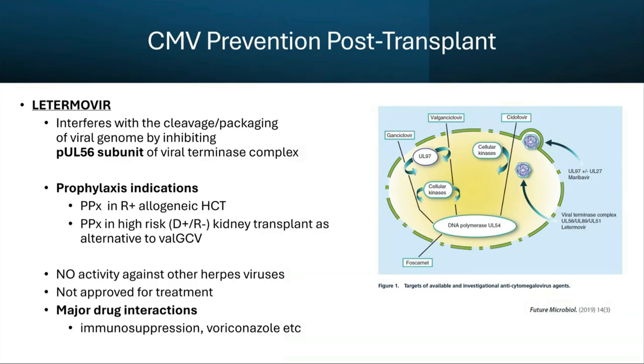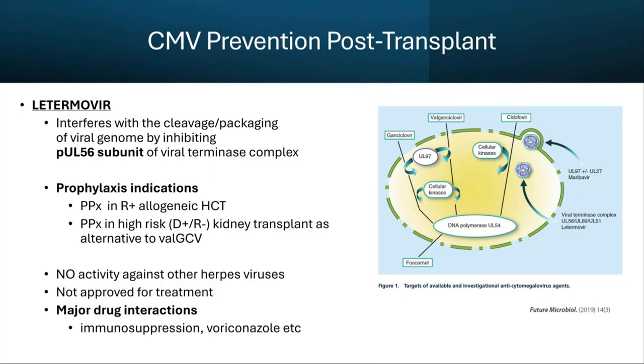And this is just additional information on letermovir. Remember two indications. For letermovir, you're going to remember two indications: prophylaxis only at this point, in recipient positive allogeneic stem cell transplants, or prophylaxis again only in high risk donor positive, recipient negative kidney transplants as an alternative to valganciclovir. It has no activity against other herpes viruses.